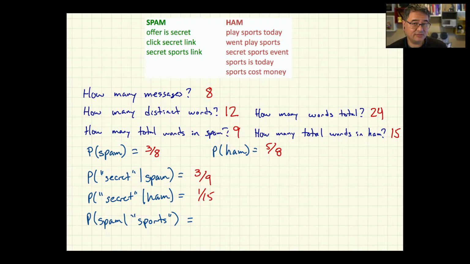Okay, let's flip that around. If we have the word sports, what's the probability that the message is a spam message? Well, we're going to need Bayes' rule for this.